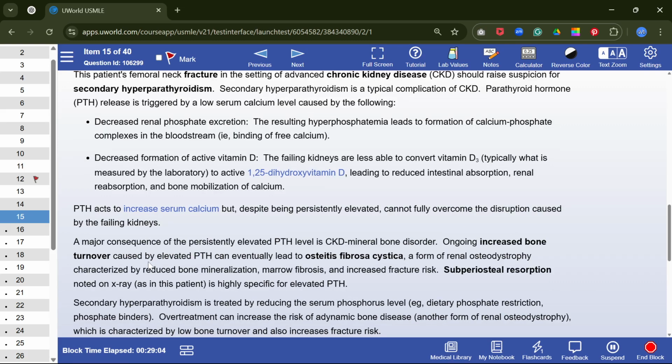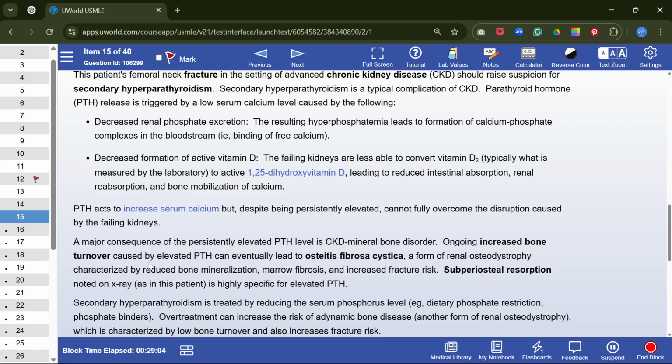PTH acts to increase serum calcium, but despite being persistently elevated, it cannot fully overcome the disruption caused by the failing kidney. A major consequence of persistently elevated PTH level is CKD mineral bone disorder.